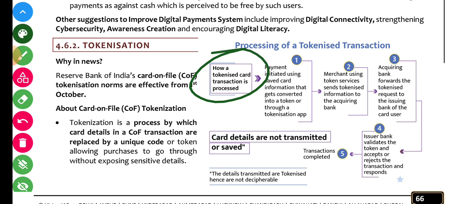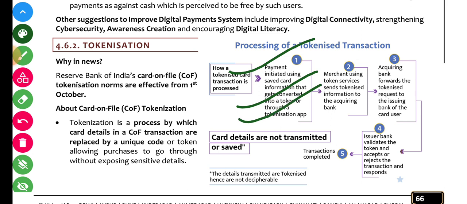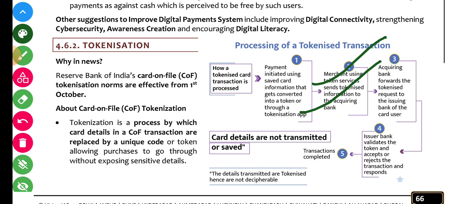How to tokenize and how transactions are processed. Payment is initiated using saved card information that gets converted into a token, or through a tokenization app. So keep this in mind. Second, the merchant using the token service sends the tokenized information to the acquiring bank.